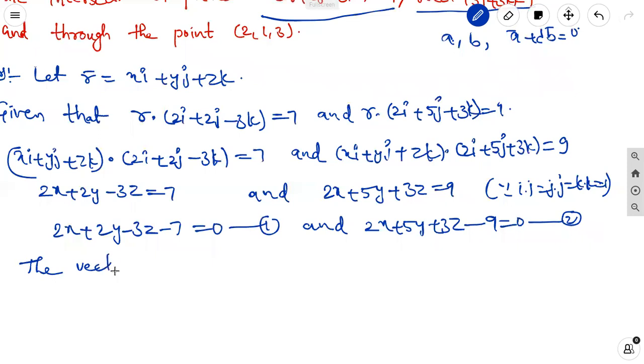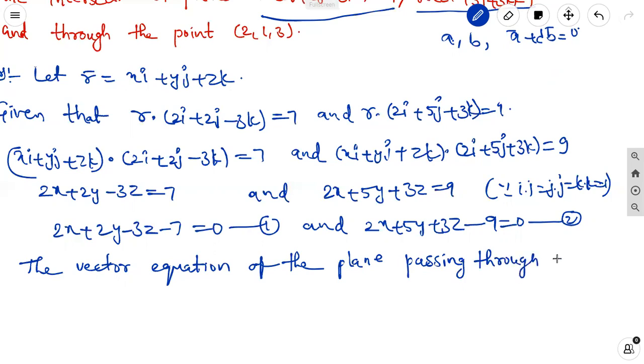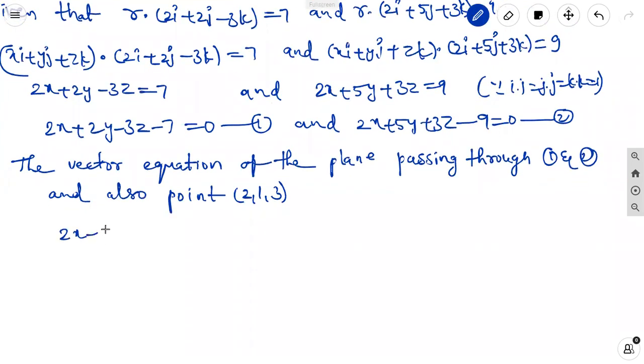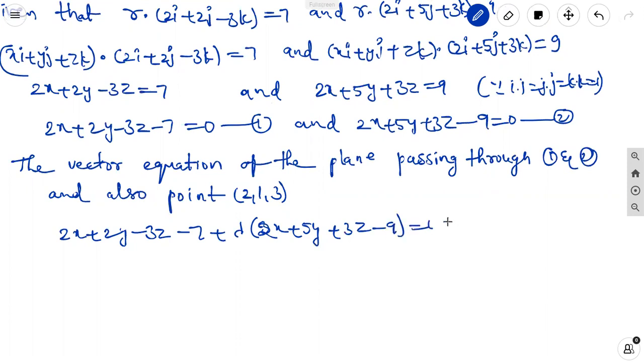The vector equation of the plane passing through equation 1 and 2 and also the point (2, 1, 3) is 2x plus 2y minus 3z minus 7 plus lambda into (2x plus 5y plus 3z minus 9) equal to 0.